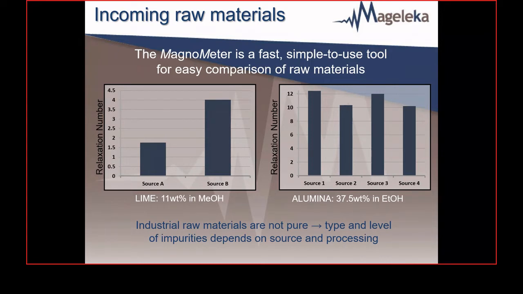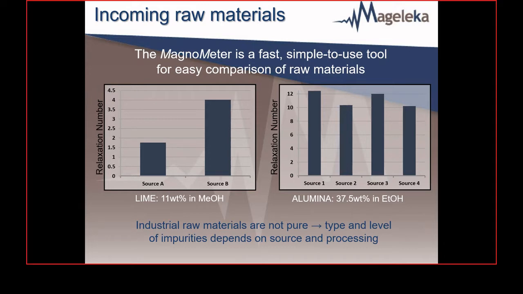Let's start at the beginning. The preparation of any suspension or slurry typically begins with a dry powder material. Unfortunately, raw materials are never 100% pure, and this is true even for pharmaceutical grade material.